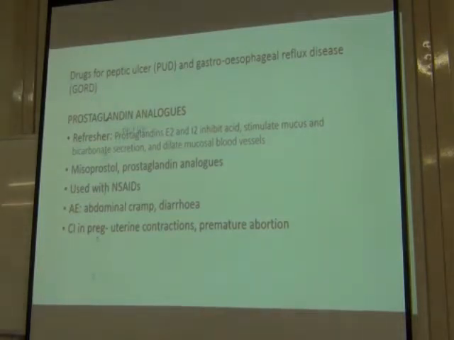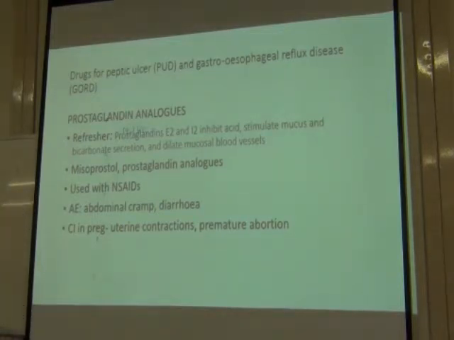So you have a prostaglandin that induces uterine contraction, and misoprostol is that particular kind of prostaglandin. That's why it's given to induce labor.